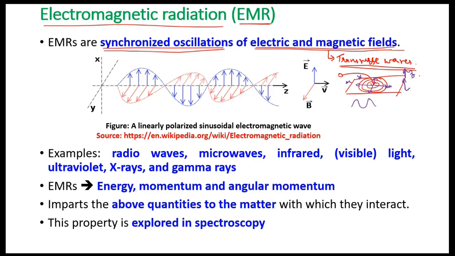So basically we are having two types of waves, one which is moving in the xy plane and another which is showing some amplitude variations in the z direction, and both of these waves or signals are perpendicular to each other.